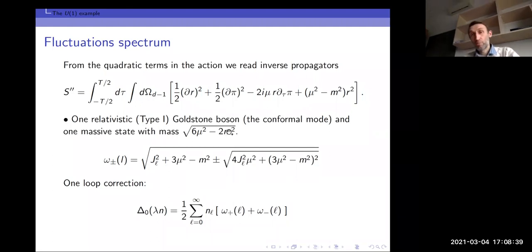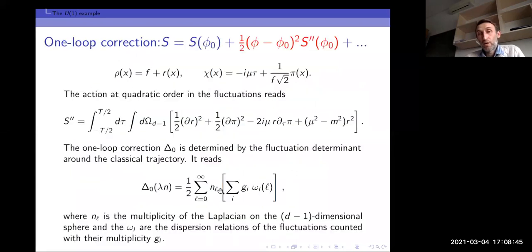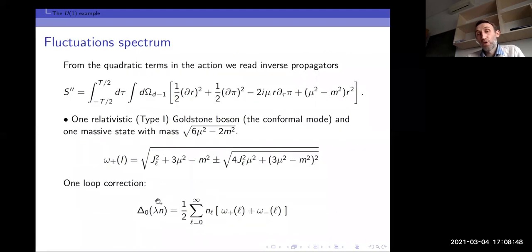Their dispersion relations are very easy to find. They're shown here. And basically our formula from the previous slide in this case boils down to this expression, where you just have to sum over these two states.